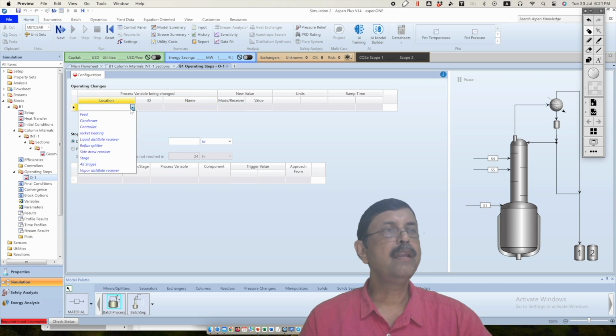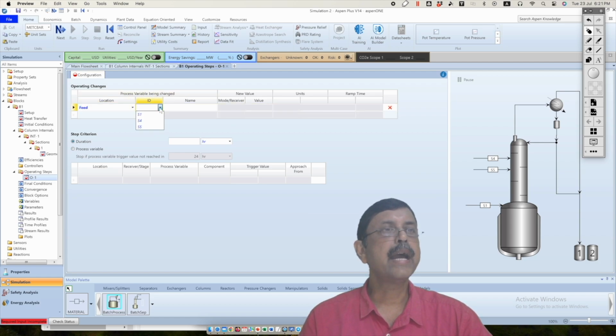Location can be feed, condenser, controller, jacket heating, liquid distillate receivers, reflux splitter, side draw receiver, stage. Now for instance, let us choose feed. And then we have to choose the ID.